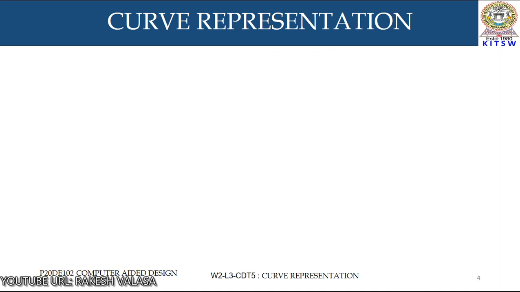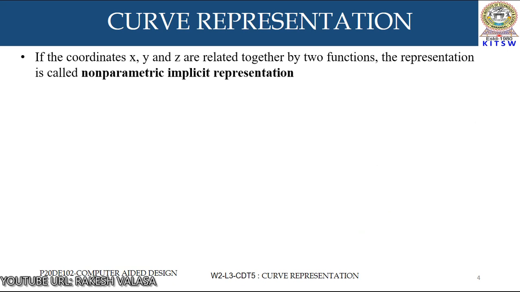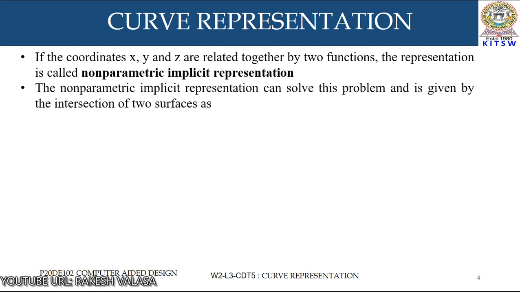The second one is implicit form. If the coordinates x, y and z are related together with two different functions, the type of representation is called non-parametric implicit representation. Let us see one example. The non-parametric implicit representation can solve this problem and is given by the intersection of two surfaces.